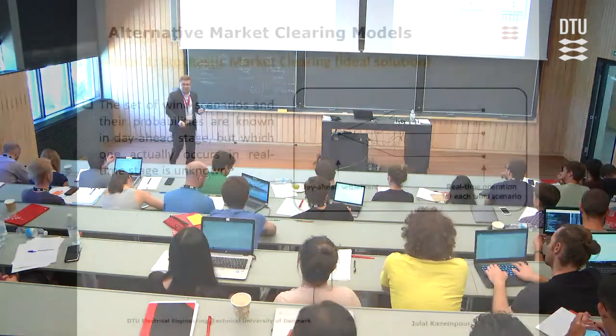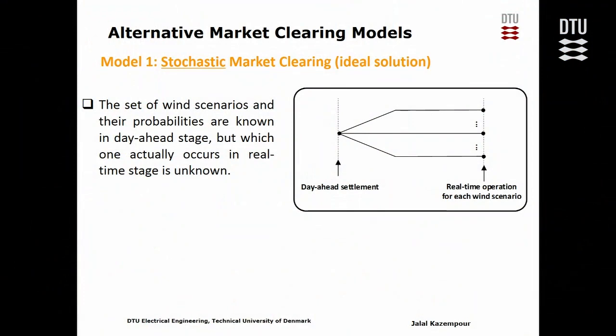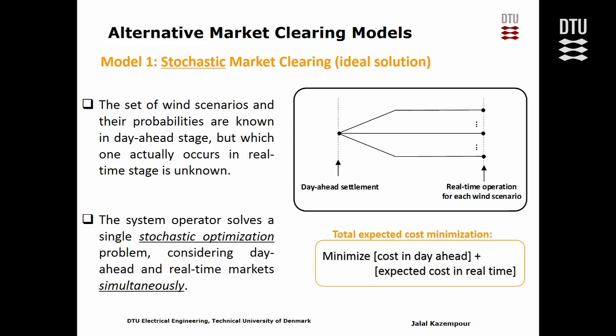Okay, so how can we design stochastic market clearing? It's an optimization problem where we assume that all the loads are inelastic, so we have no bid price from the demand side. It's for simplicity. So instead of maximizing social welfare, we are trying to minimize the system cost, the total production cost of the generators. We are minimizing not only the production cost in day-ahead, but also the expected production cost in real time over different scenarios.